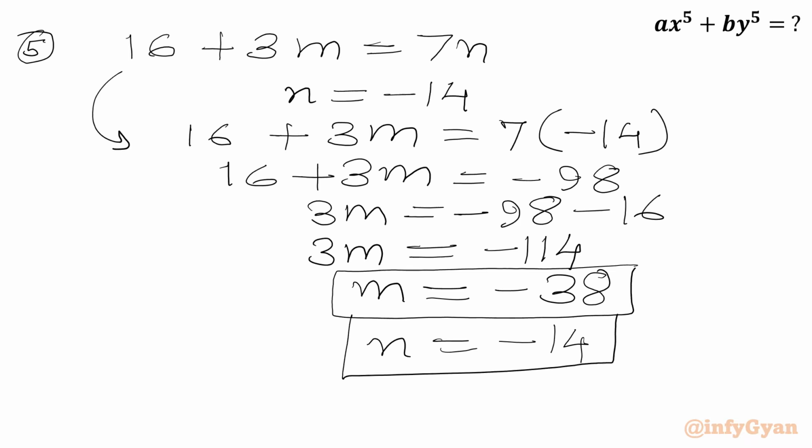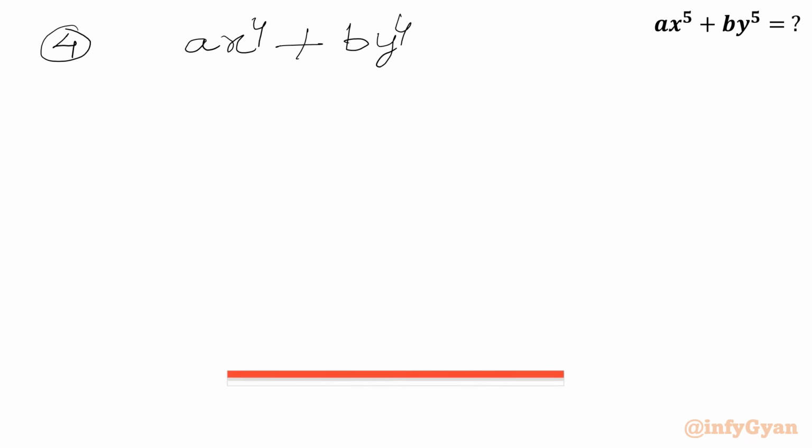Now we have to find our required expression, which is written here. So I will multiply the fourth equation with x plus y. Equation number 4, ax⁴ + by⁴ equal to 42.